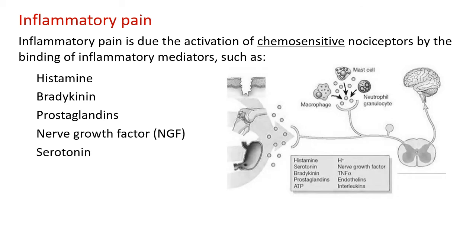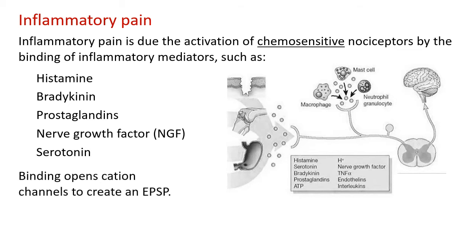As in all transduction, EPSPs are created that are then summated by the trigger zone, which may then generate an action potential to the dorsal horn. Inflammation may also result in mechanical changes that can also stimulate mechanosensitive TRP channels.